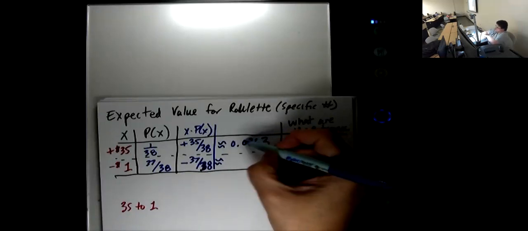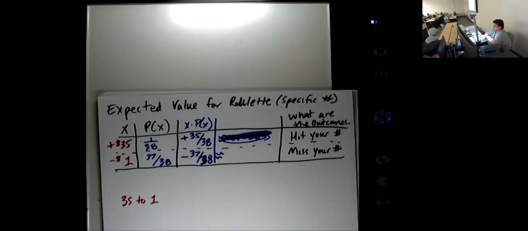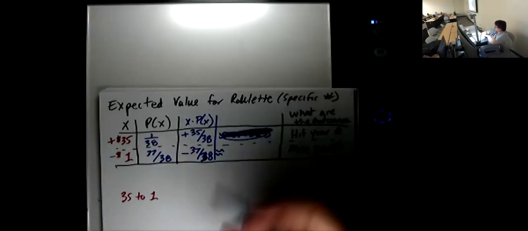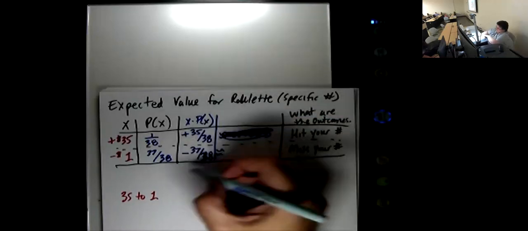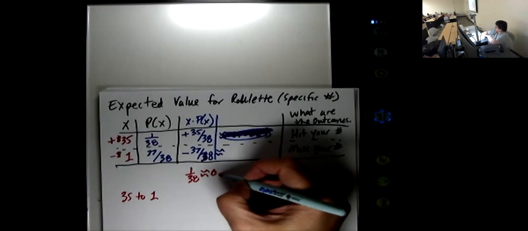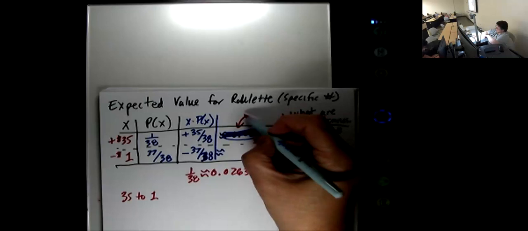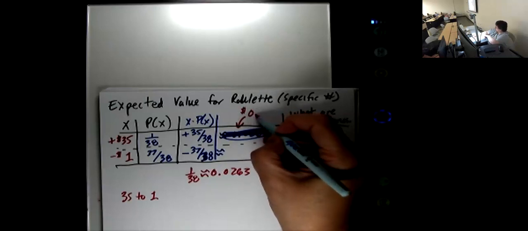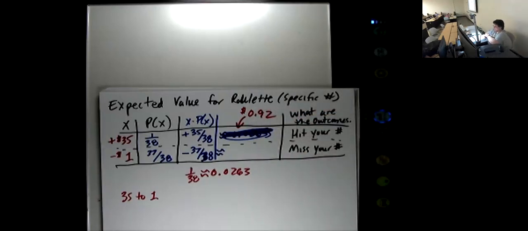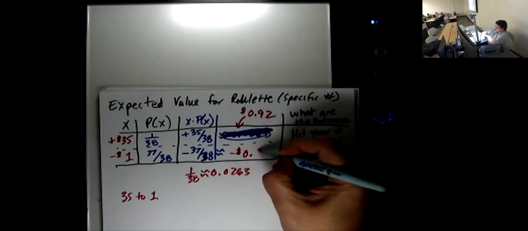Nope, sorry, that's an individual. I'm going to write it above it. So 1 over 38 is approximately 0.0263. When I multiply by 35, this top one to 2 decimal places is 0.92. This bottom one to 2 decimal places is negative 0.97.